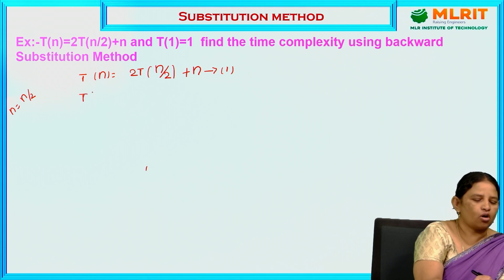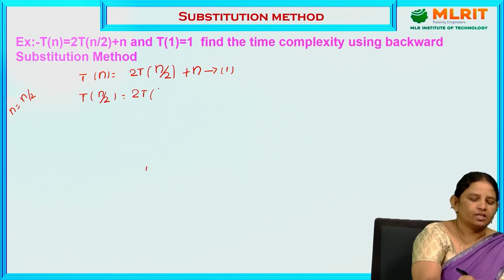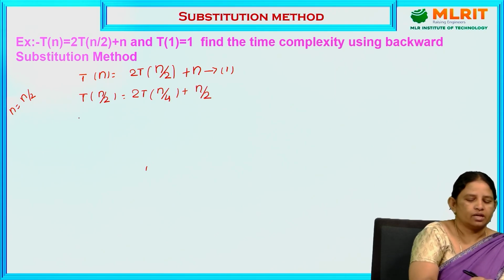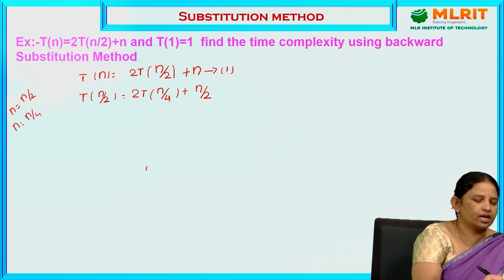That is t of n by 2 equal to 2t of n by 4 plus n by 2. Then we know what is n by 2. In the place of n, you have to substitute n by 4 in equation number 1.